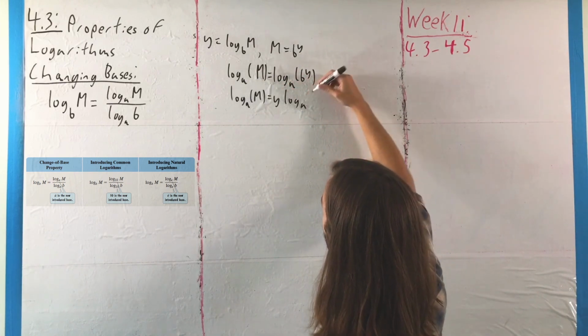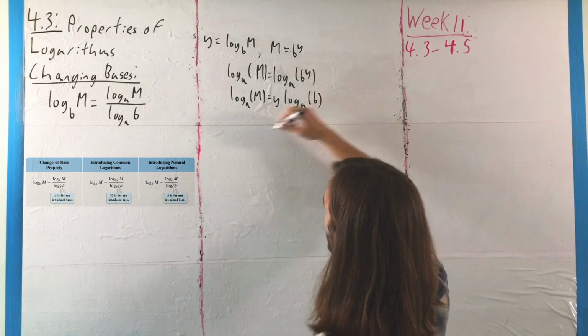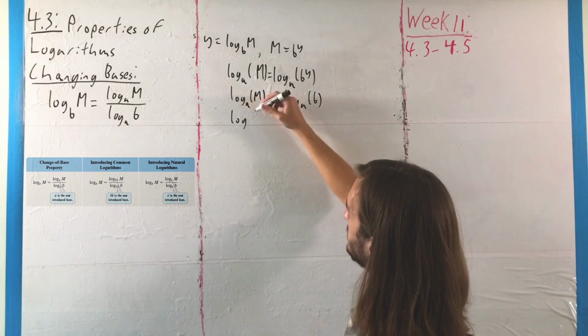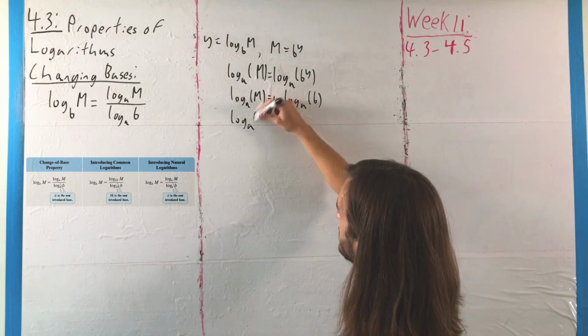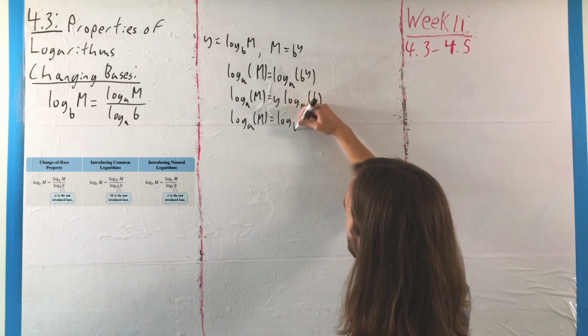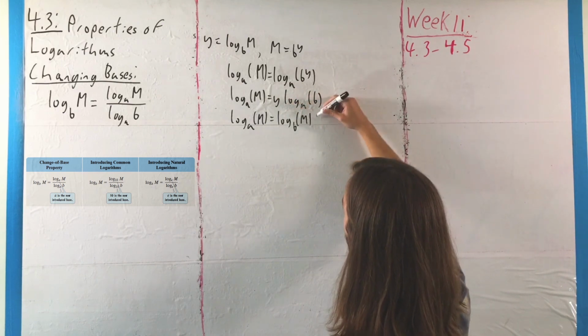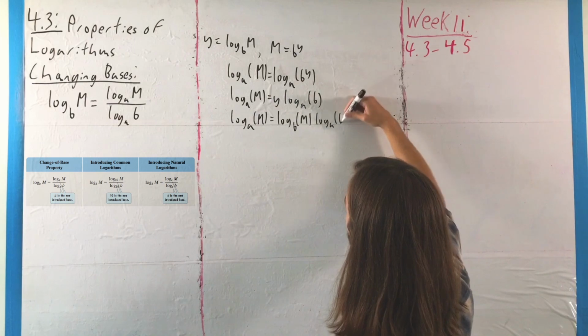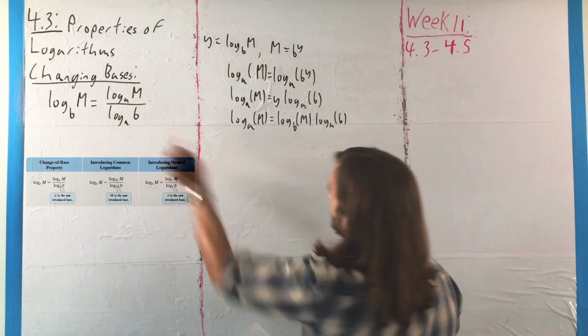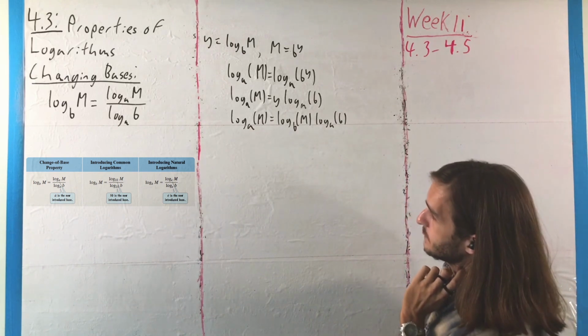We have y times log base a of b, and y is equal to log base b of m, so log base a of m is equal to log base b of m times log base a of b.